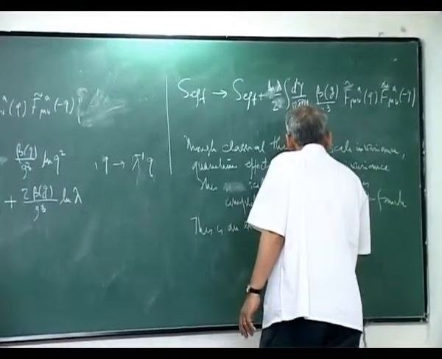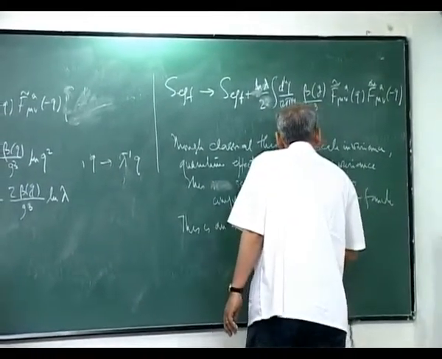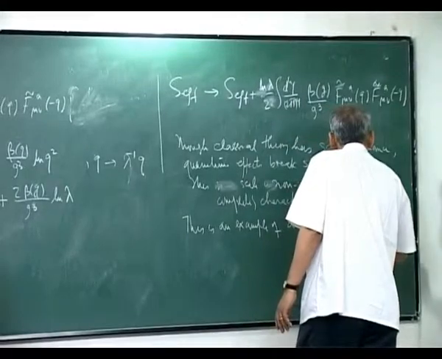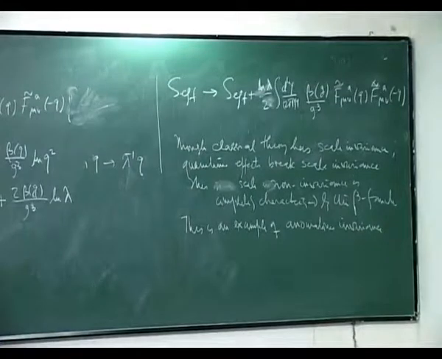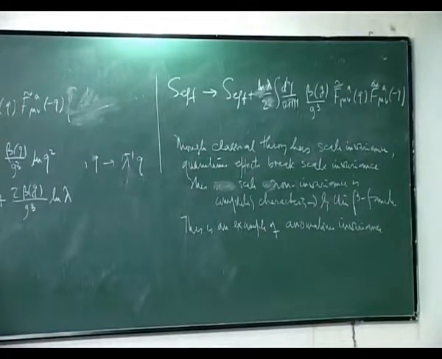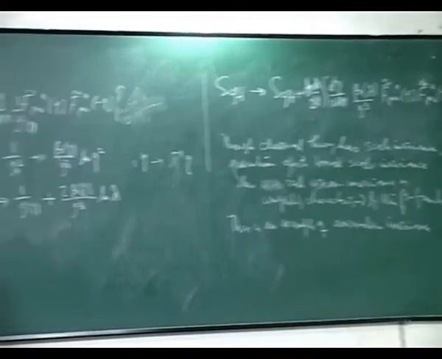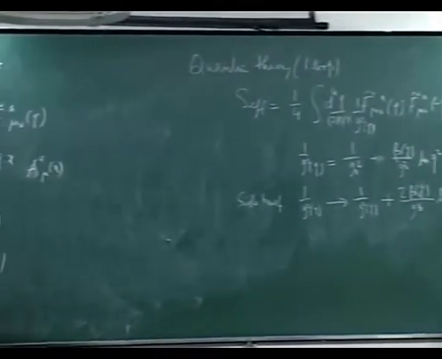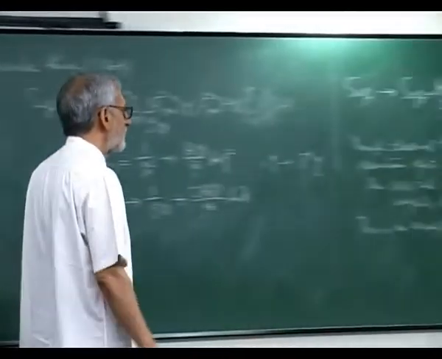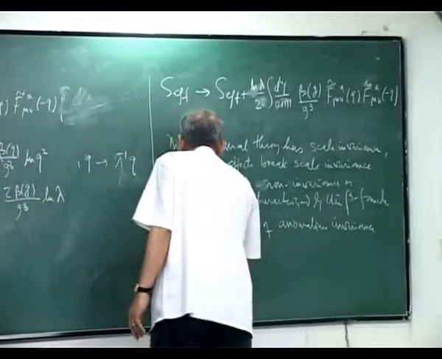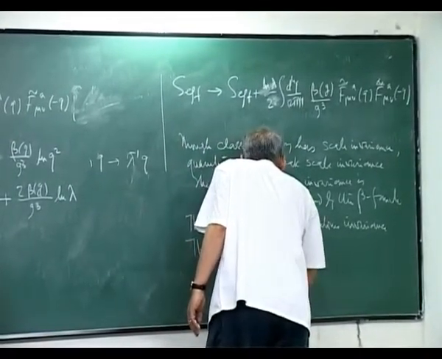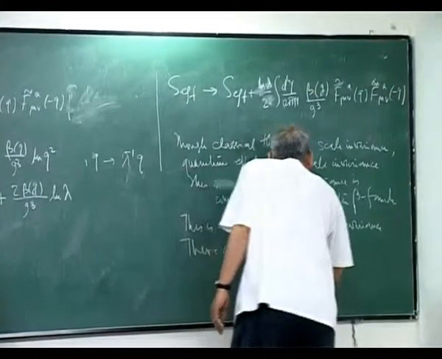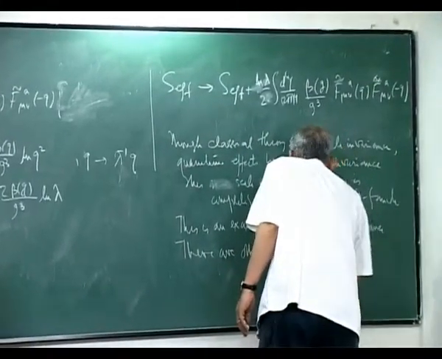By anomalous, what we mean is that classically you have the invariance, but the quantum theory does not respect it. This is not the only such theory. There are other invariances also, other examples of such anomalies.